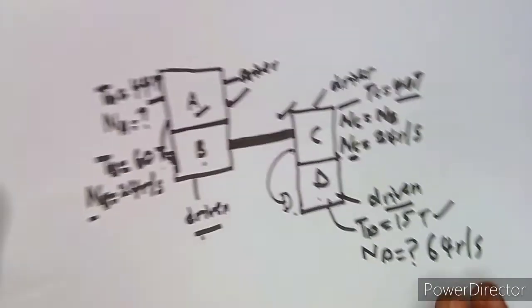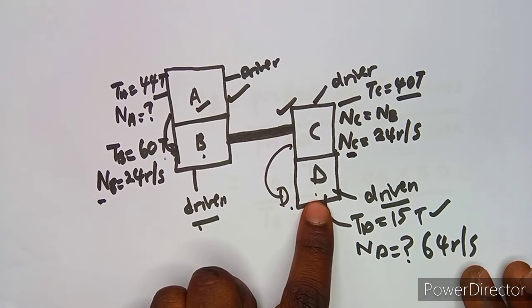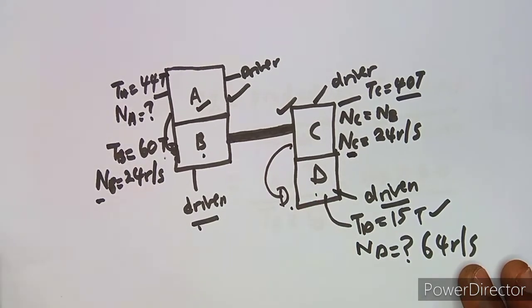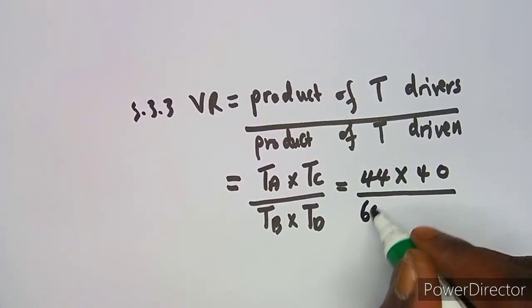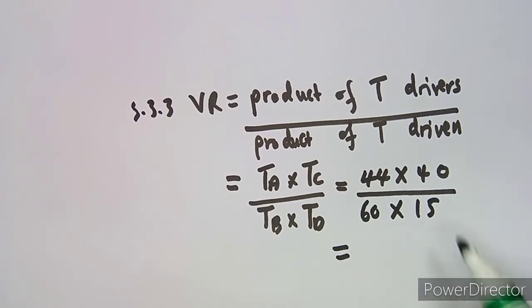Our TB is 60, and our TD, in this case, is 15, so it's 60 by 15. All right, so that's the normal formula that you can use. You just have to multiply properly.